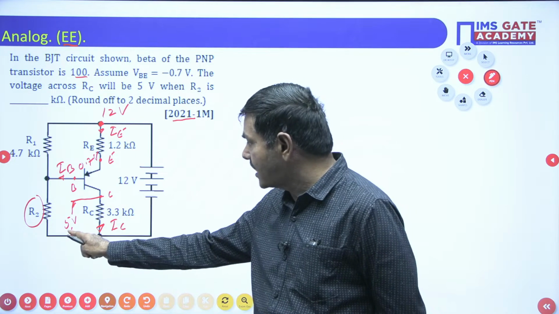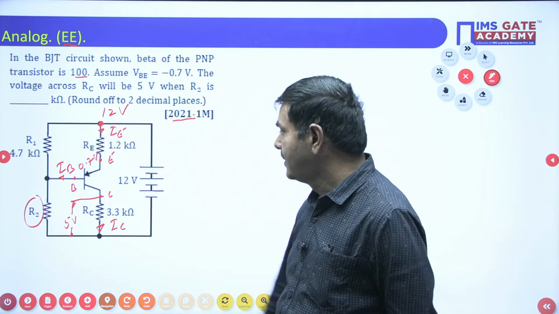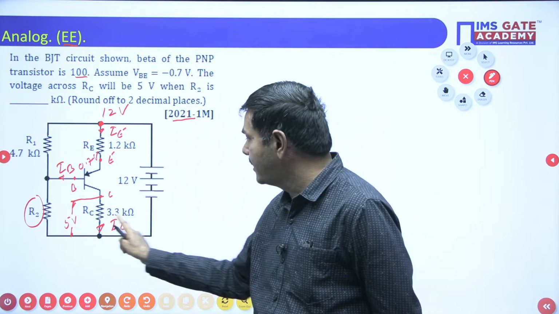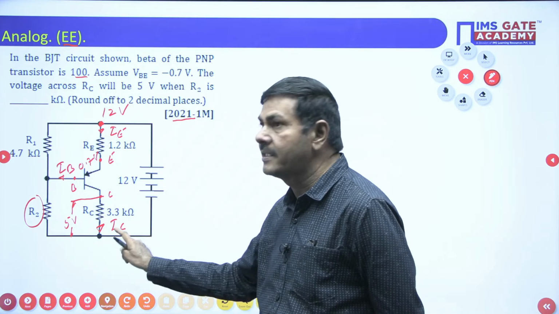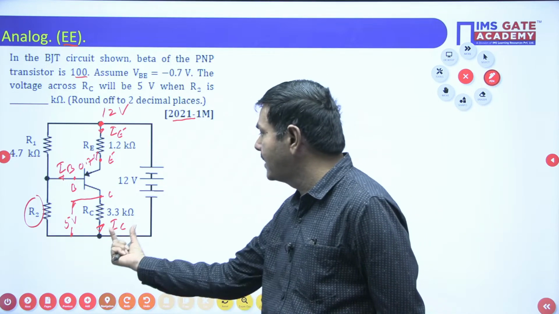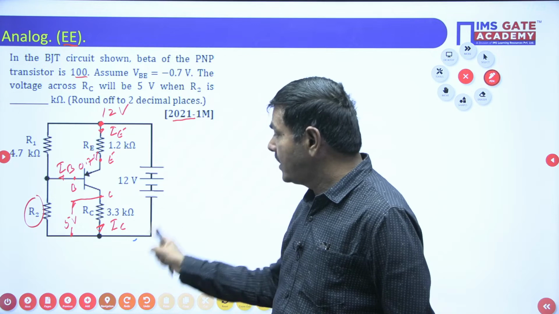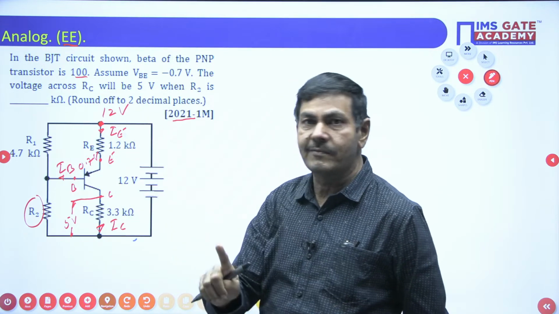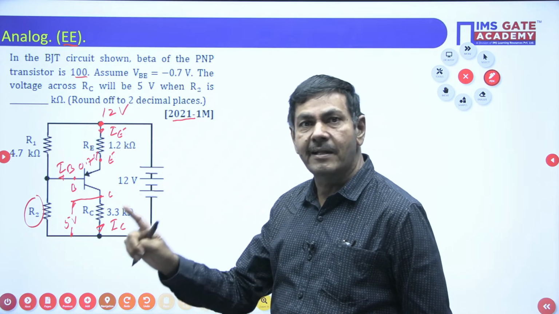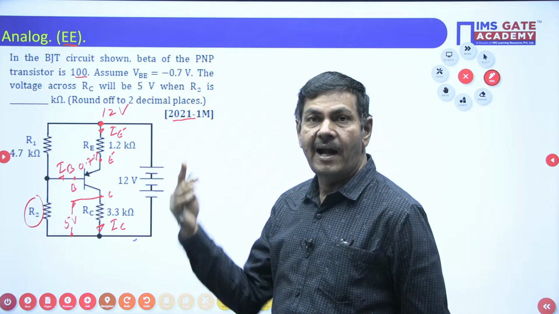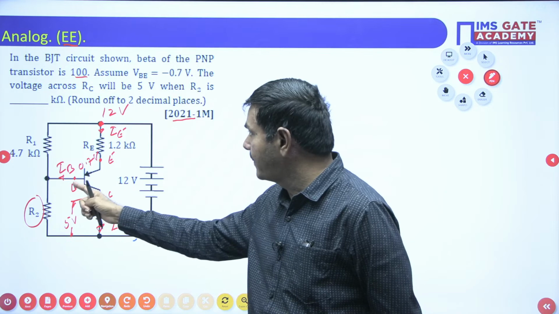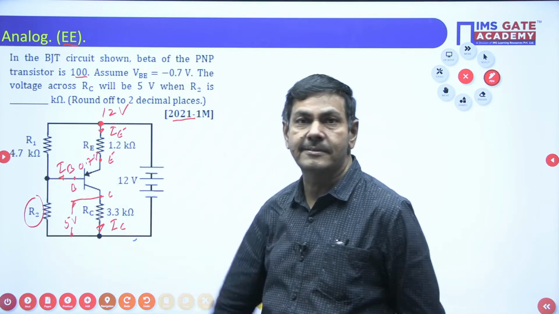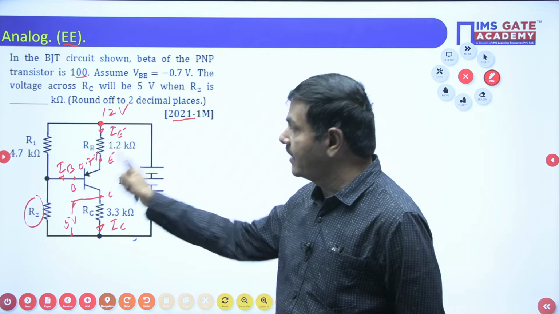The voltage across RC we know is 5 volts, and RC is 3.3 kilo ohms. So 5 by 3.3 K is IC. Directly you can find the IC value. Once you have IC, IB follows: IC equals beta into IB, so IB equals IC by beta. Beta is given, IC you can get, and IB you can calculate.